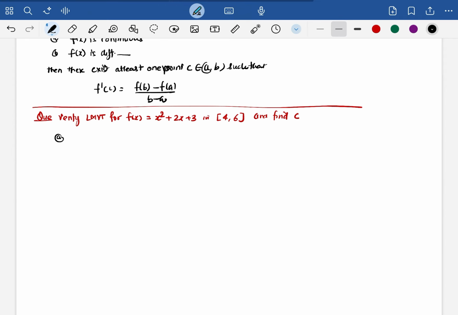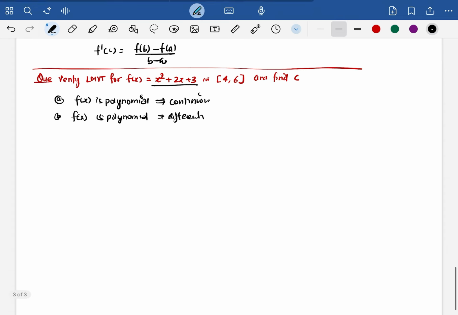As you can see, it's a polynomial function, so f(x) is a polynomial, hence it is continuous. The second condition: a polynomial function is always differentiable, as we have already covered. So these two conditions are satisfied.